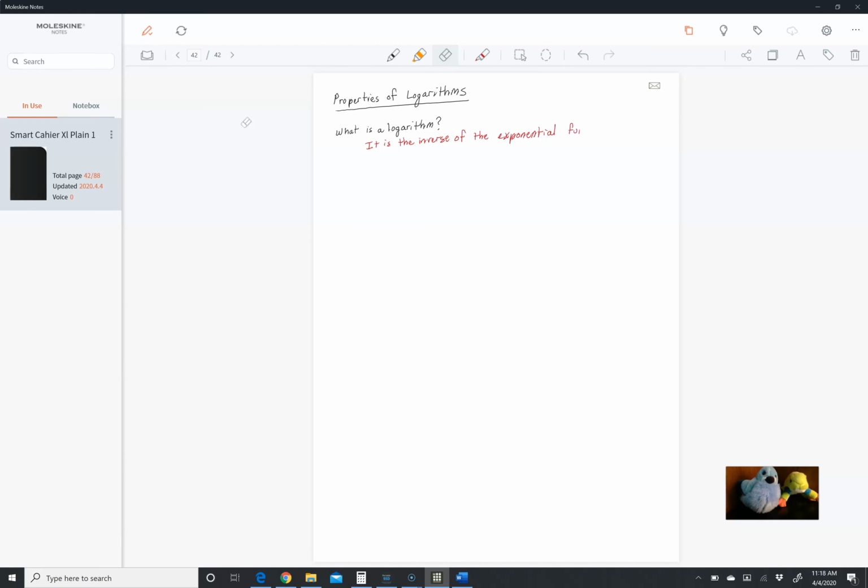It undoes the exponent. The exponential function, if you remember, is 1 to 1. So we do call that reflection an inverse.